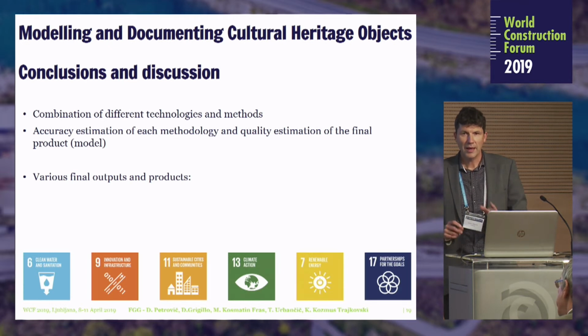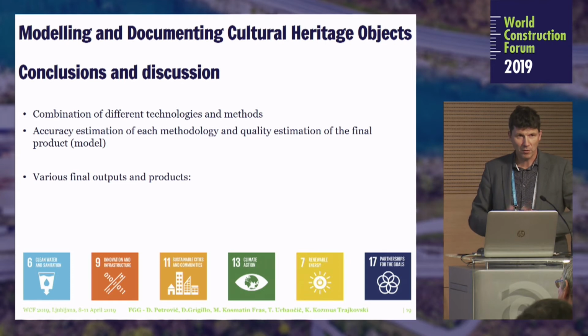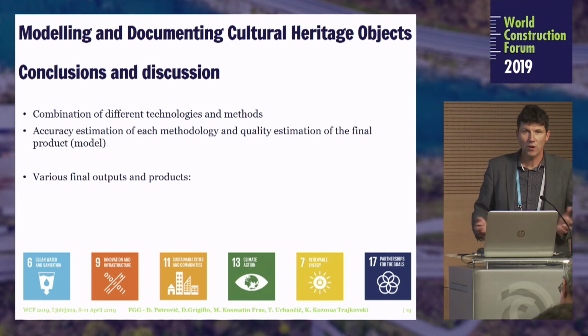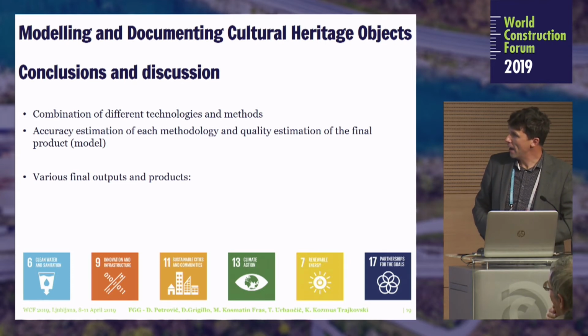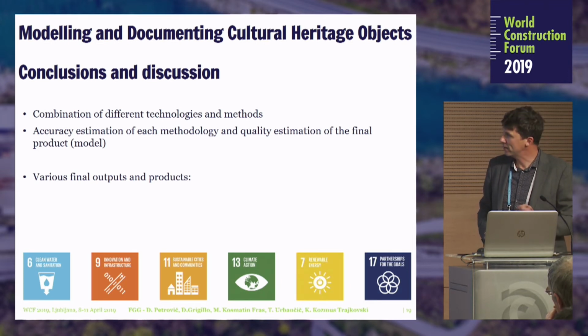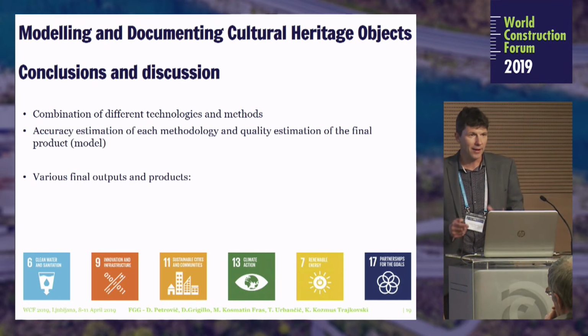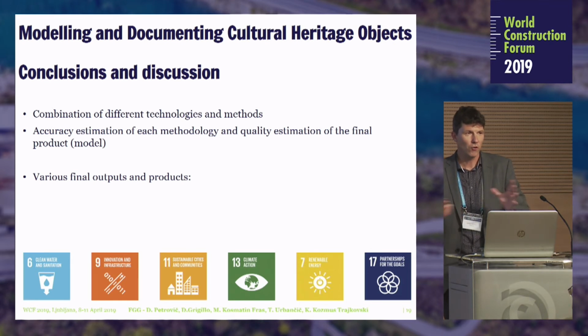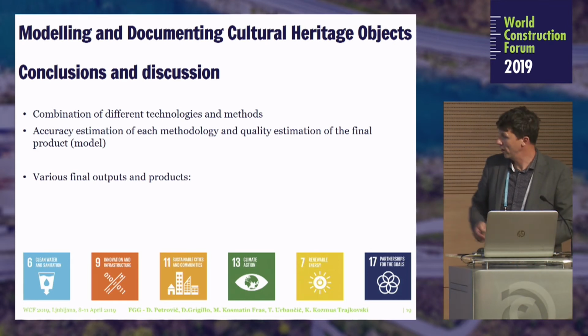Most of them enable a few important things, but to create a common joint model, we need to combine them, and each of them has to be very carefully estimated according to accuracy and other standards of quality. Even with that, we can at the end get good enough documentation and models which can be used further on for different purposes. We heard about it.